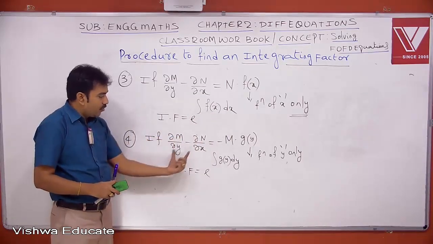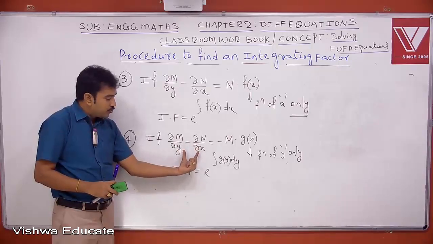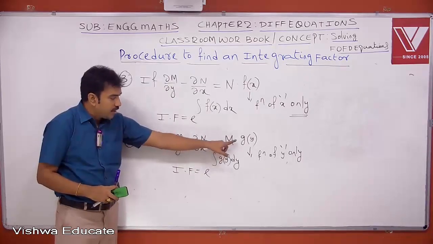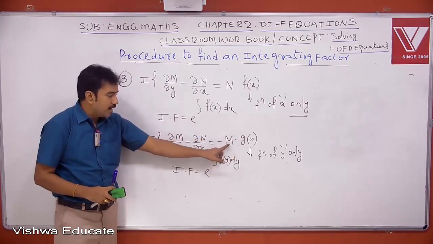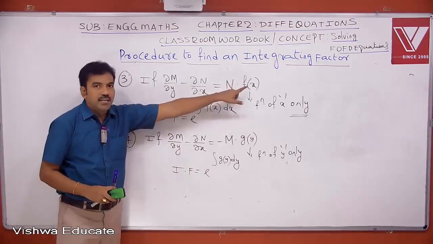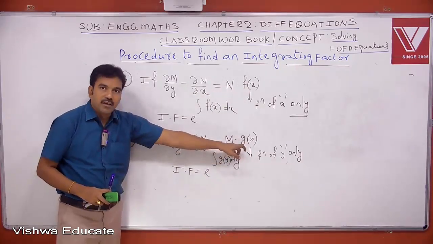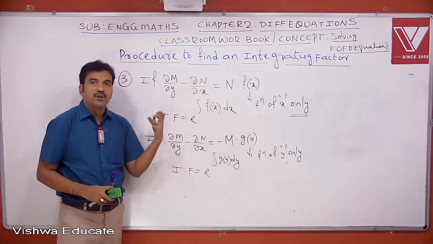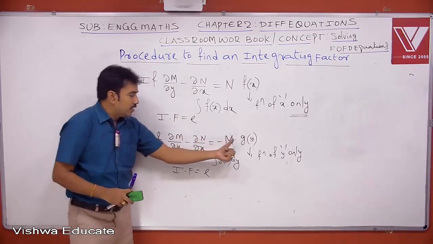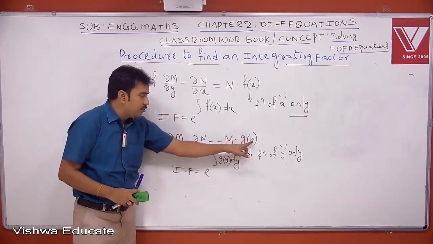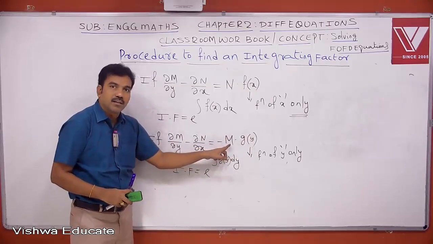But in case 4, when you find the difference of these two partial derivatives as minus m into g of y, minus m. If you have n, it is a function of x. If it is a minus m, then it is a function of y. If you don't get minus, introduce two minus symbols. One you give to g of y and one you assign to minus m.